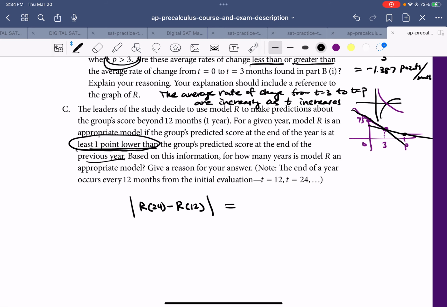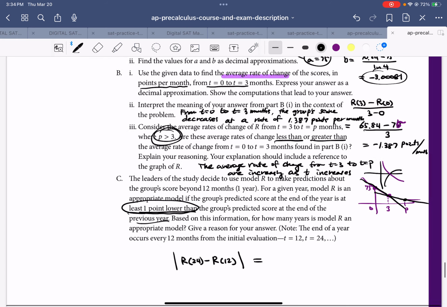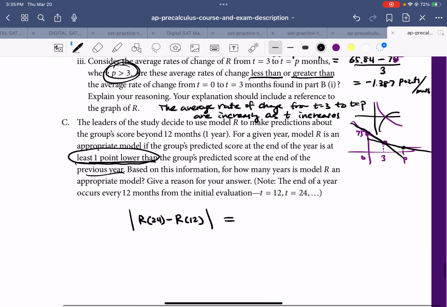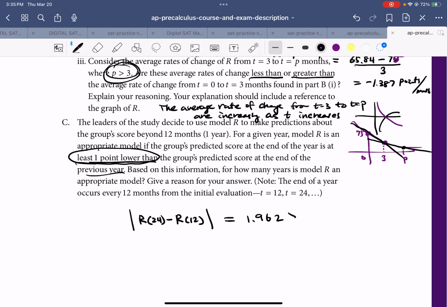I'm not going to calculate it by hand because you can just use a calculator and put in t equals 12 and t equals 24. Their difference is 1.962, which is greater than 1, which is good. It said that it should be at least 1 point lower than the previous one, so a difference greater than 1 means it's good.